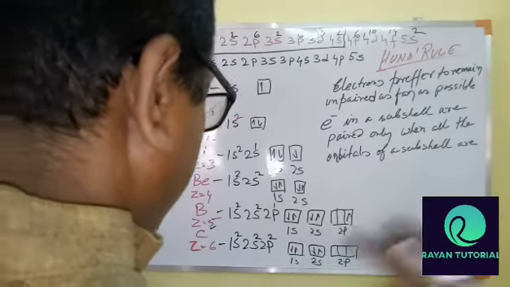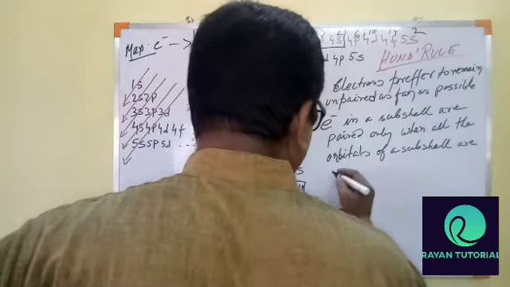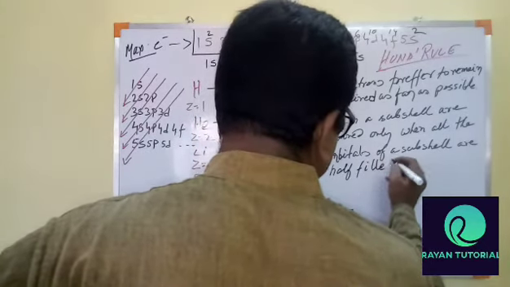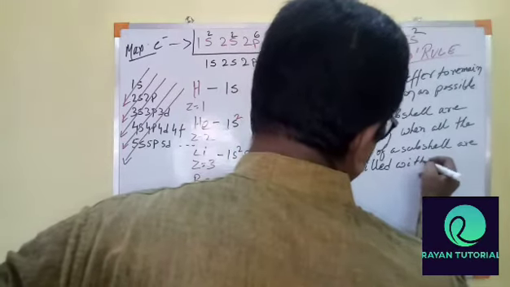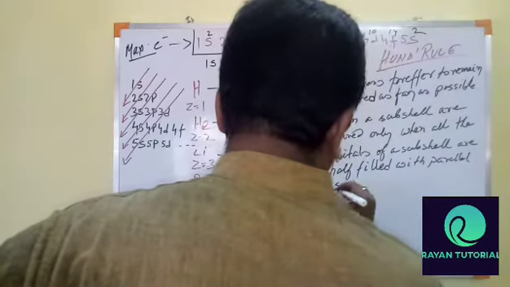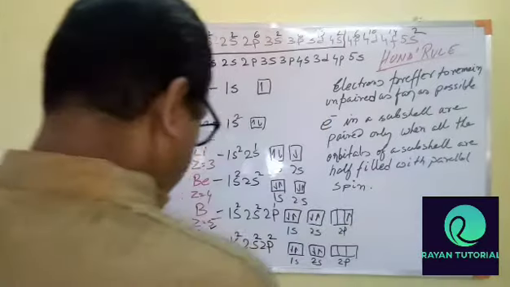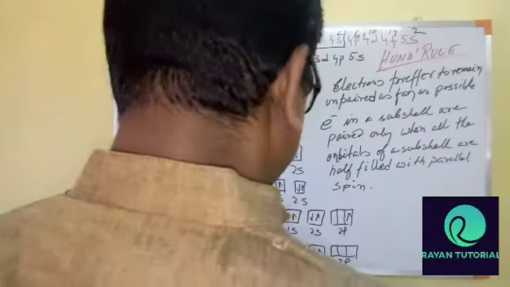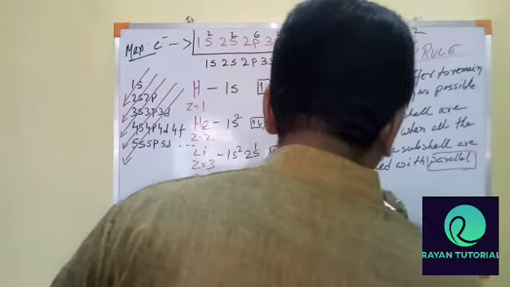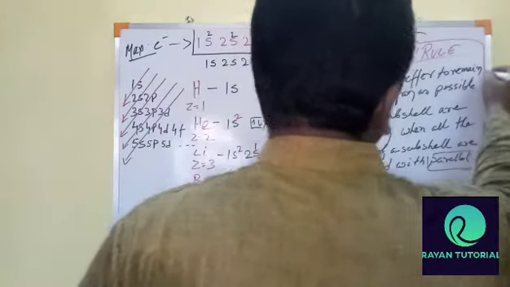When all the orbitals of a subshell are half filled with parallel spin. So this is Hund's rule.